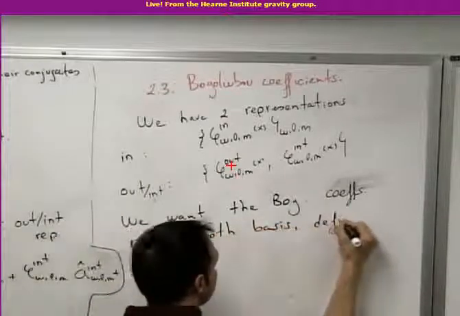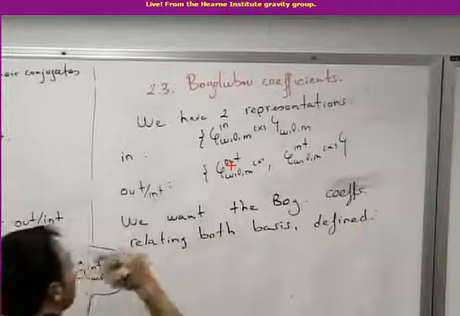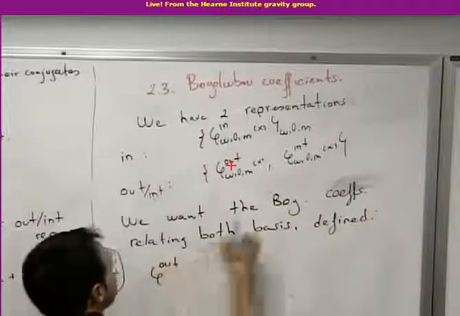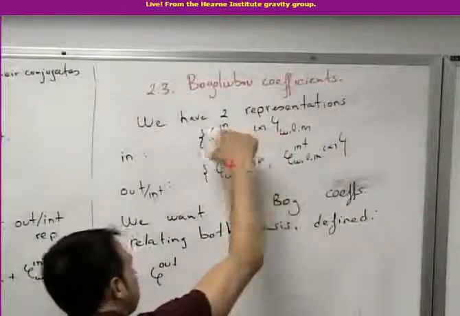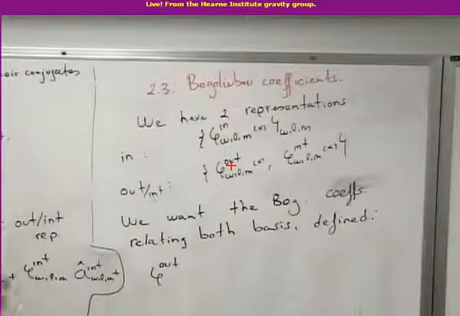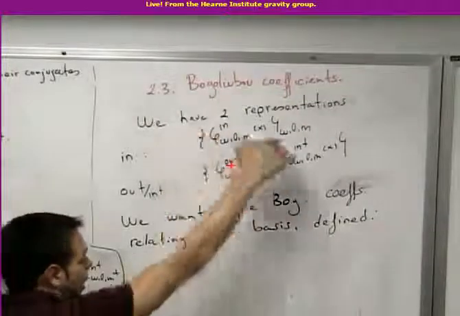And you know that they are defined by the following. What we have to do, for instance, we can write the first line: the in modes together with the conjugates are a full basis, so I can express the out mode as a combination of them.